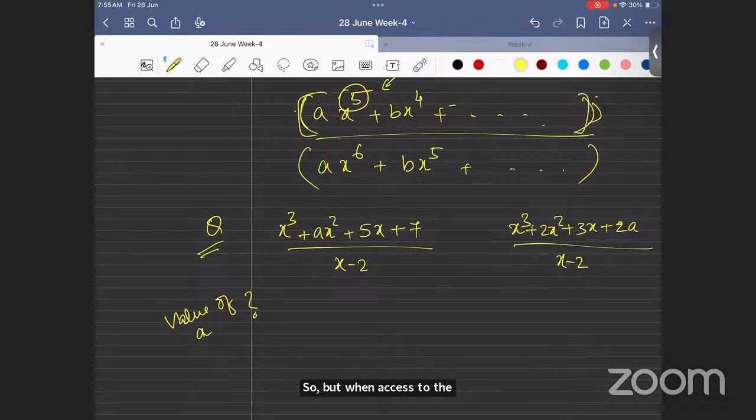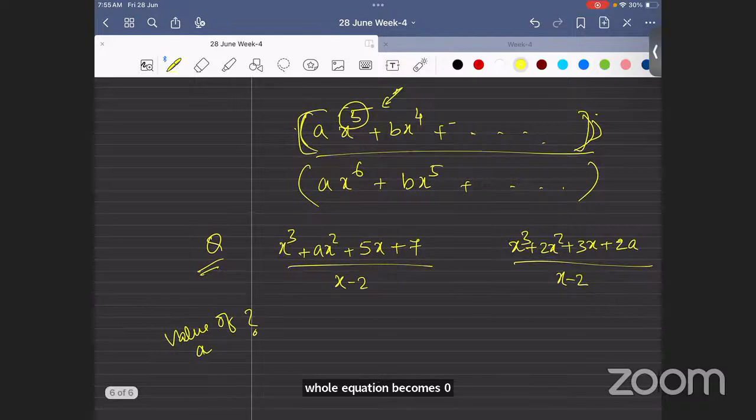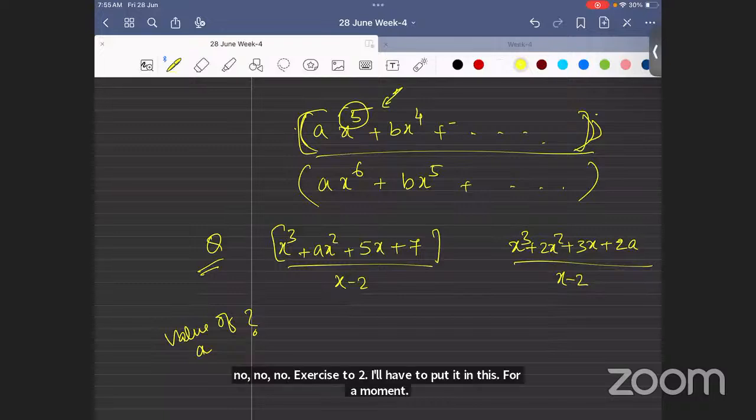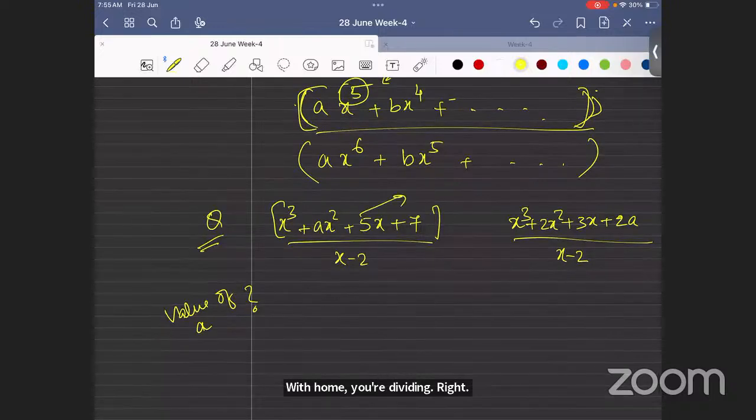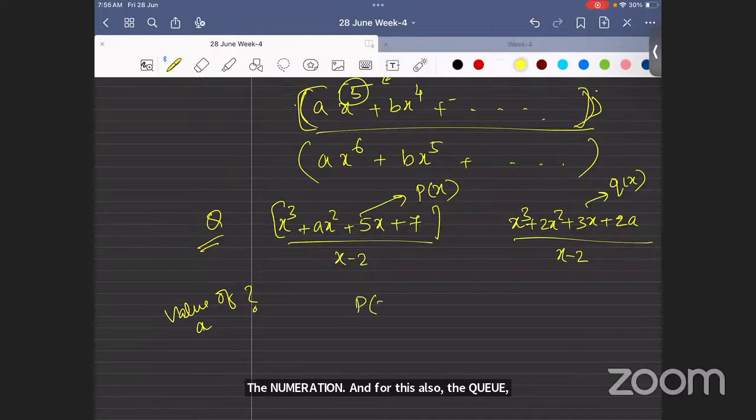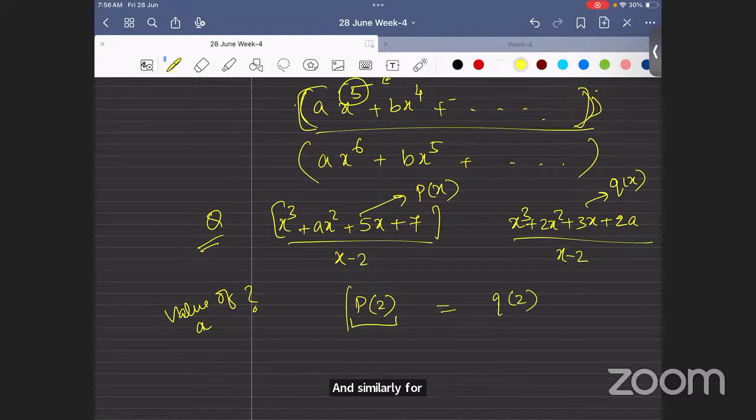No, you put x equals 2 in the polynomial that is the dividend, the numerator part only, not in the divisor. So p of 2 and similarly q of 2 will give the same value, the remainder.